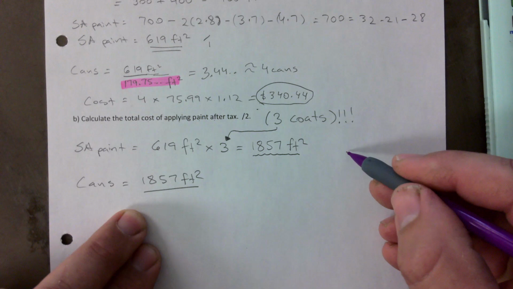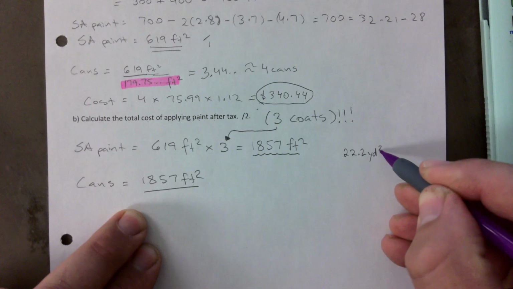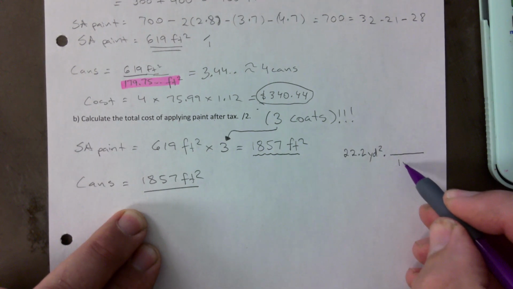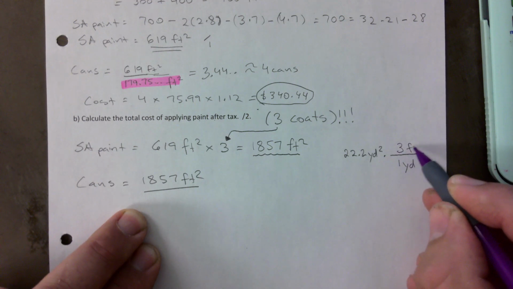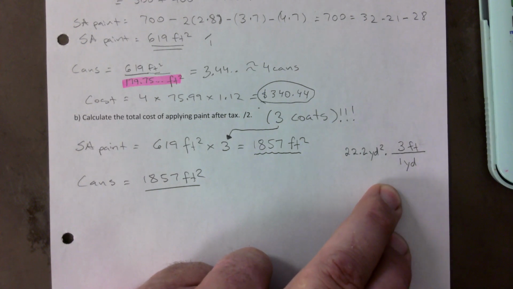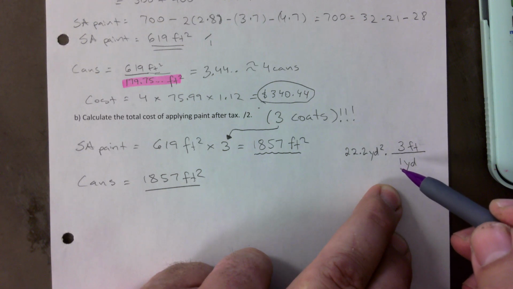So what we'll do here is I'll go 22.2 squared yards, and we want it in square feet. So we know that 1 yard, notice I want this to cancel. That's why I put the yards down here. Has 3 feet. Oh, not square, just feet. We can't have that, right? There's something wrong with the units. You're with me, right?